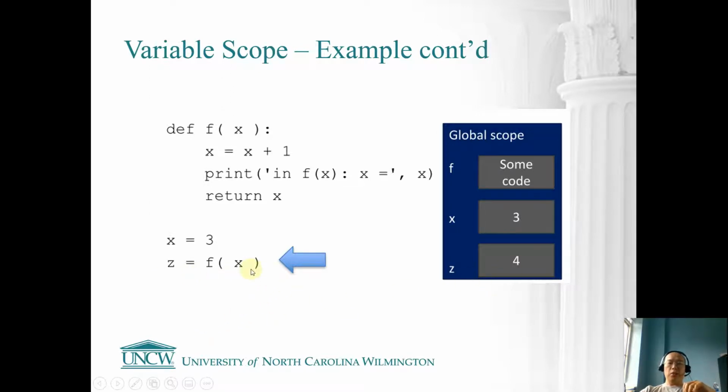So we make the function call, we send the actual parameter, and then we get the return value, and then the local scope will be killed. From now on, we are staying at the global scope. Even if we make another function call, the former local scope will be erased or purged by Python. Okay?